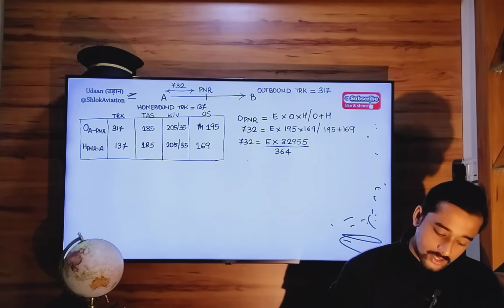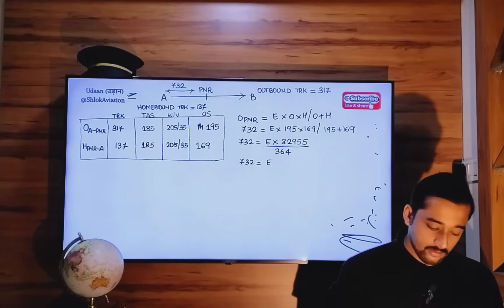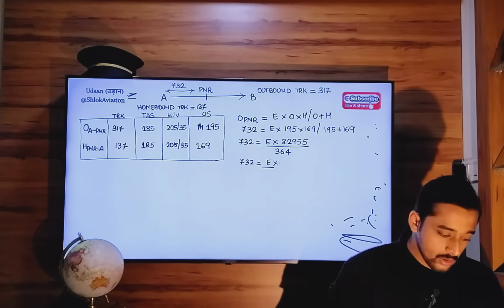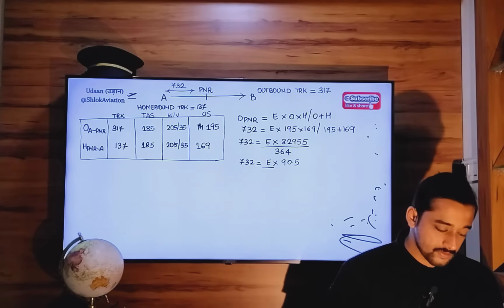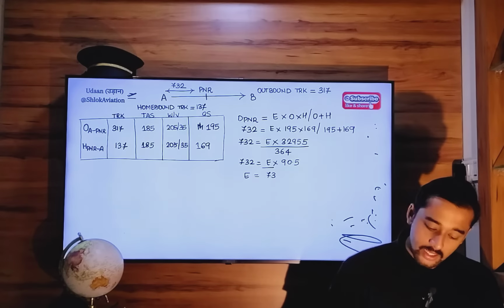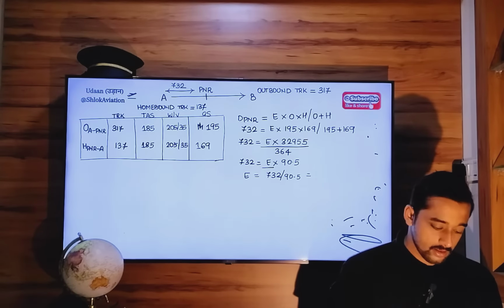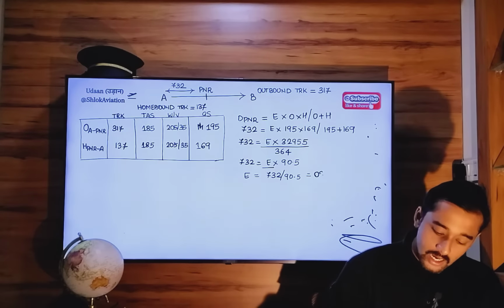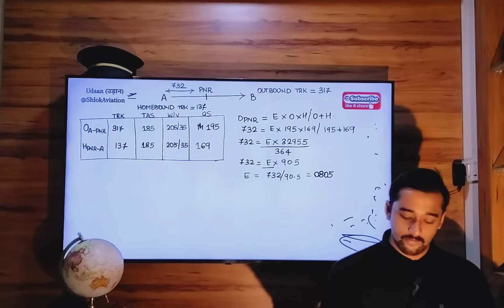So 732 equals endurance into 32,955 divided by 364, which is 90.5. So endurance will be equal to 732 divided by 90.5, which is 8 hours 5 minutes. This is your endurance.